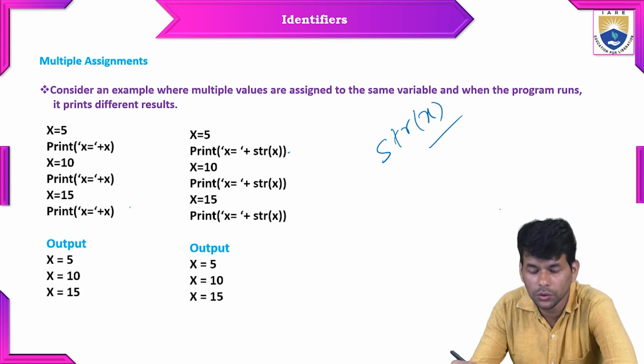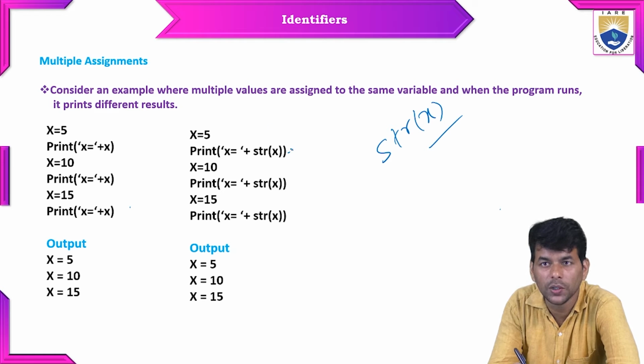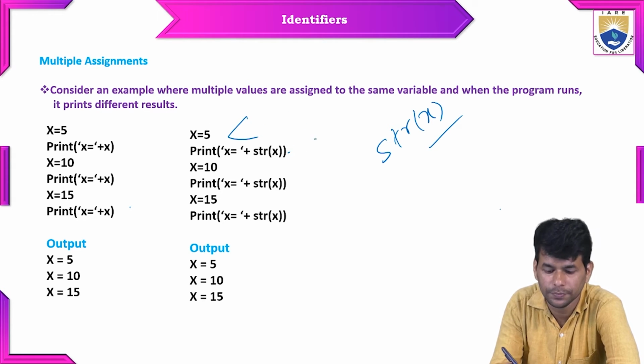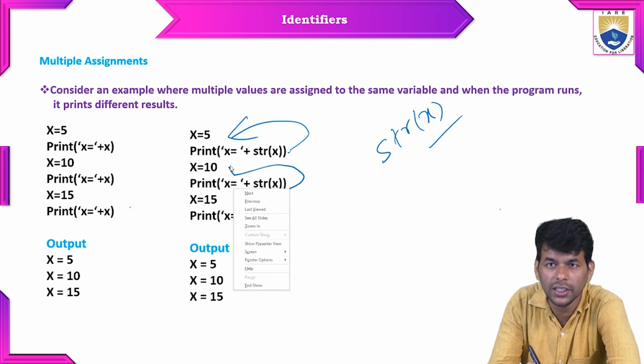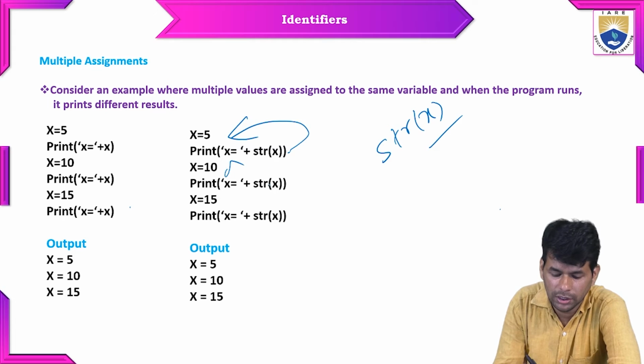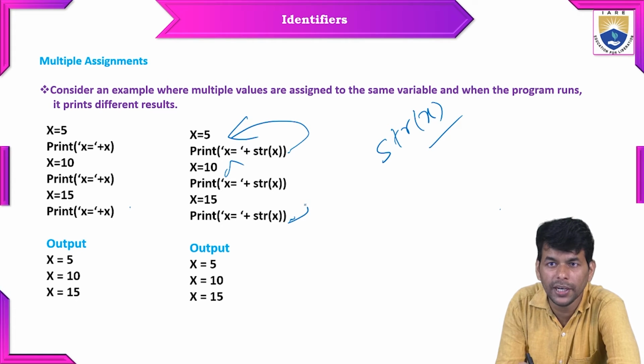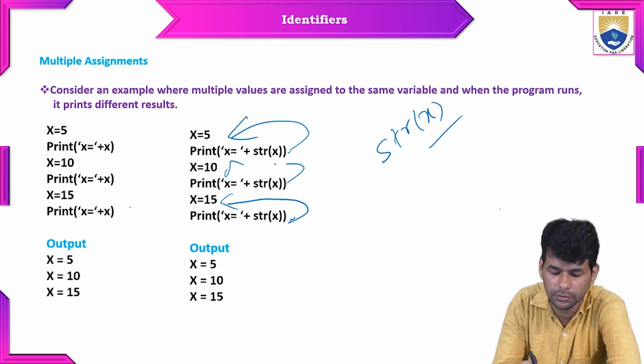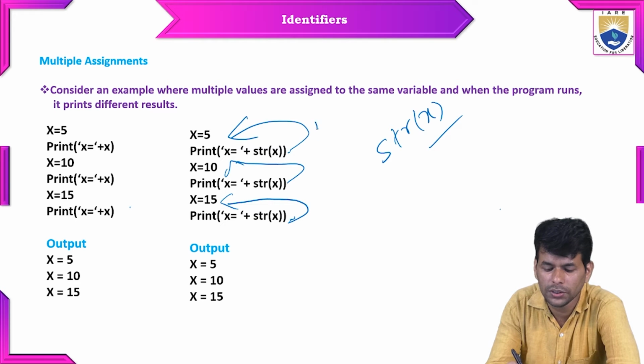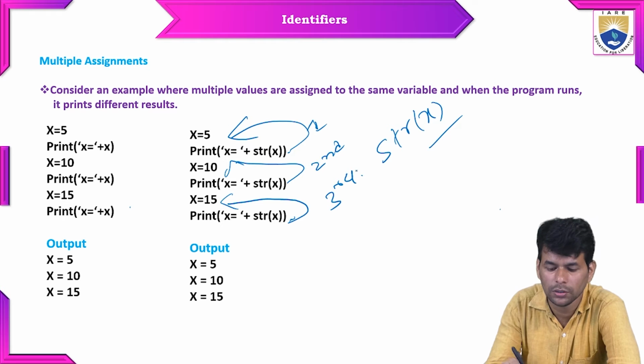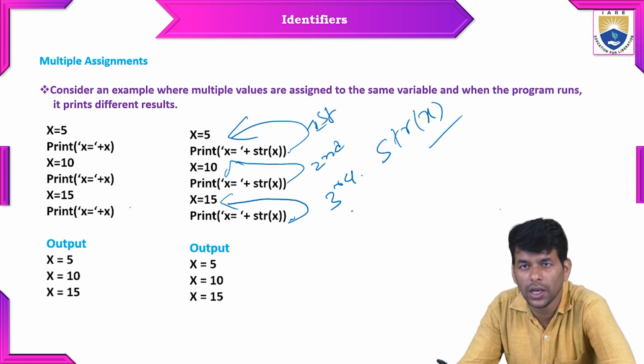For the first time, X will take the immediate value 5. Now X will take the immediate value 10. Next, X takes the immediate value 15. So these are the first X value, second X value, and third X value.